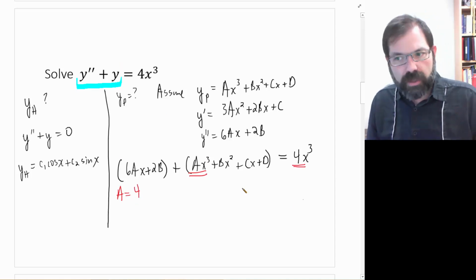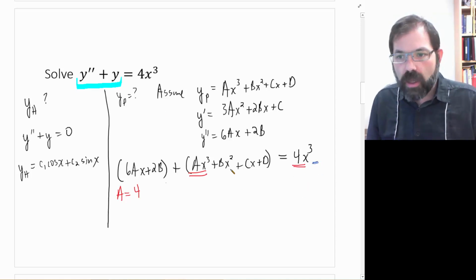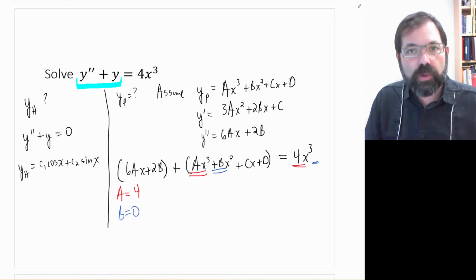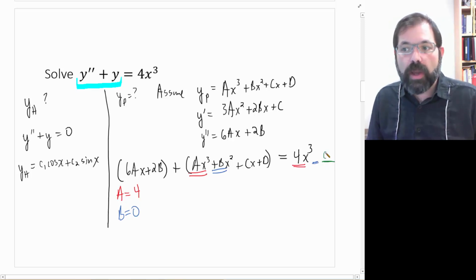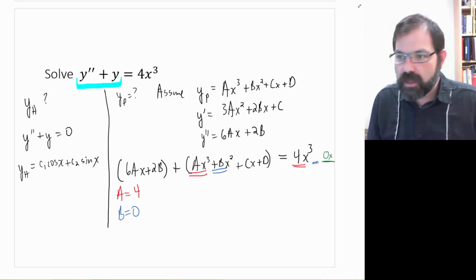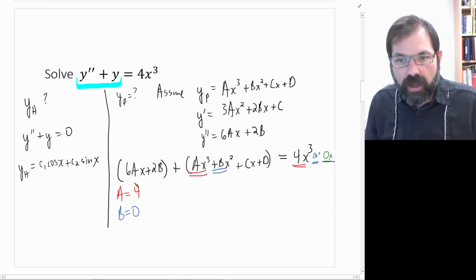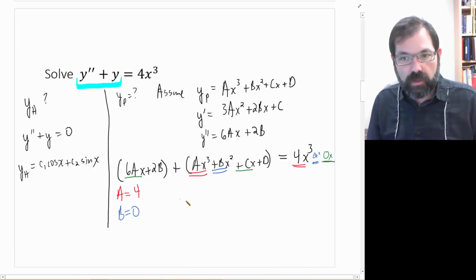Now let's focus on x squared. Well, there's no x squared. There's 0x squared on the right, and there's bx squared on the left, so b must equal 0. Now let's focus on the x. How much x do we have on the right? I've got 0x. I have 6a plus c times x on the left. So 6a plus c must equal 0.